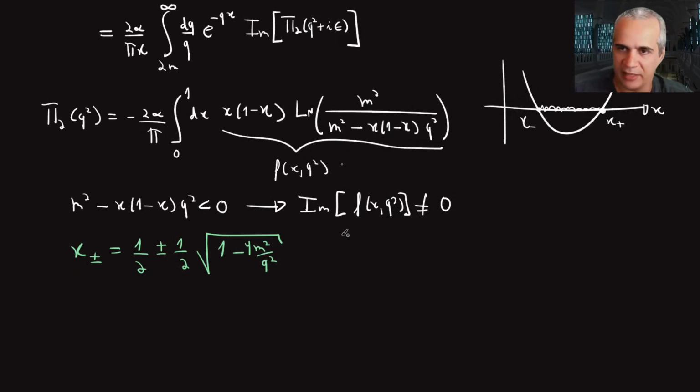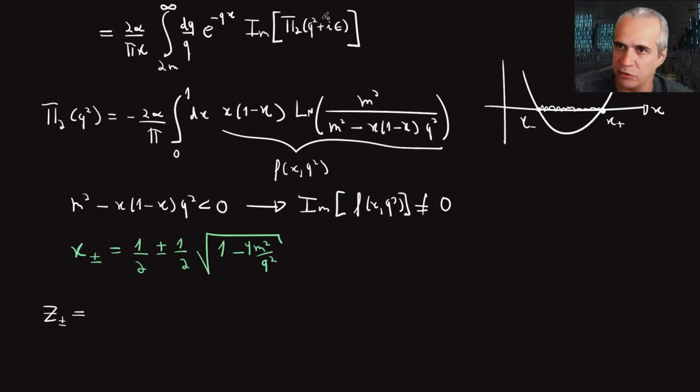So I'll define z plus minus, because I'm not calculating the log of this function. Remember, I'm calculating pi 2, not of q squared, but of q squared plus minus i epsilon, right?